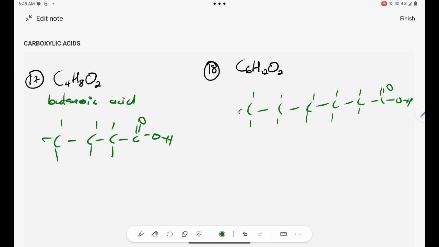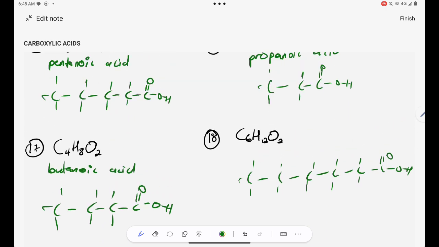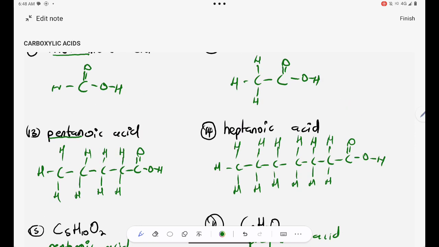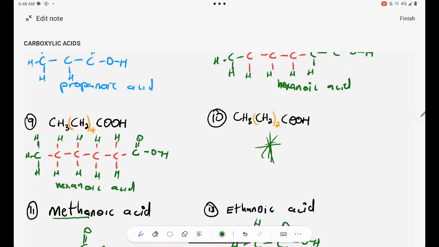That's what you need to know basically for carboxylic acids. Are you together? If you are dealing with carboxylic acids only, this is what you need to know. Please note that the functional group for carboxylic acid is always at the terminal carbon. Are you together? Is always at the terminal carbon.